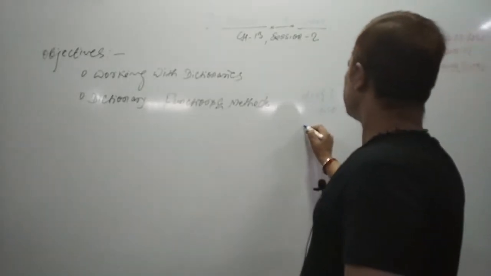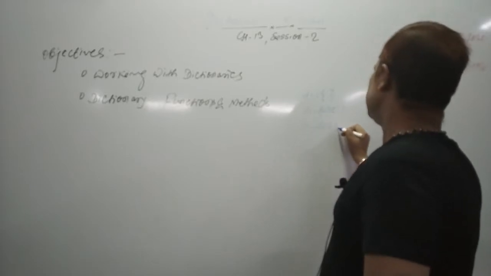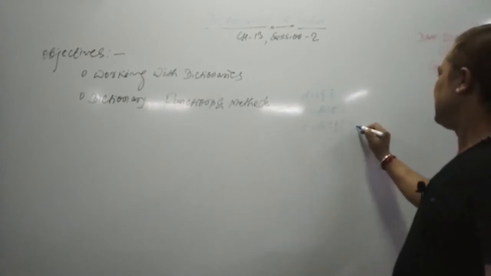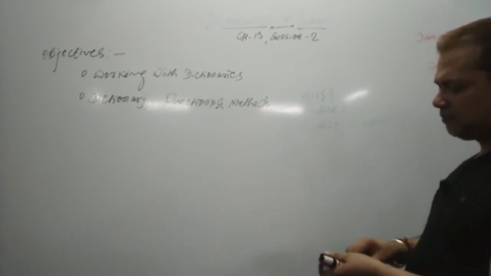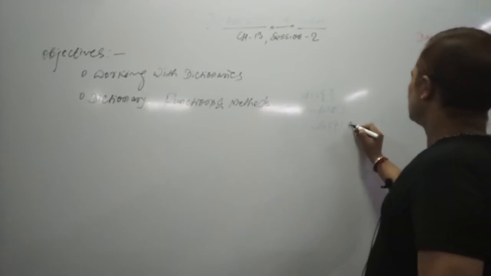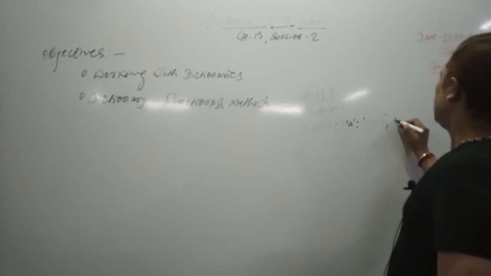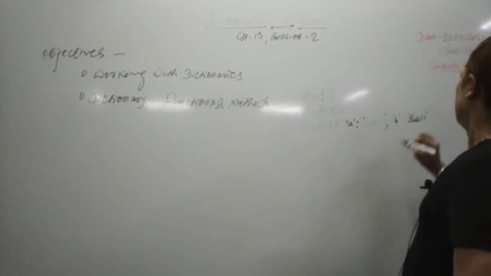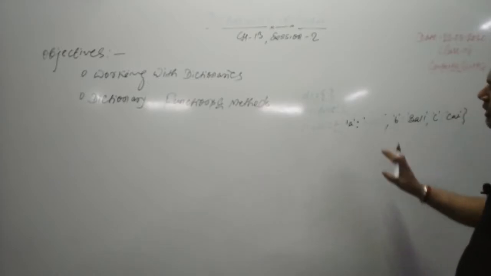You may have a dictionary again, D1 equal to dict, and in the brackets you may mention the elements, like A for apple, then comma, B for ball, then again C for cat.